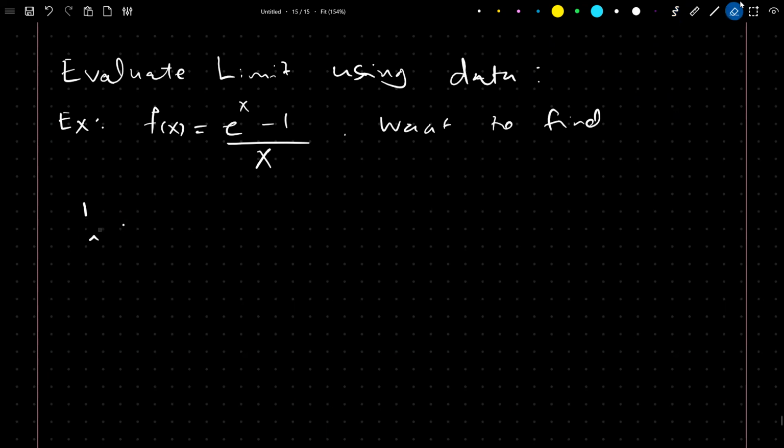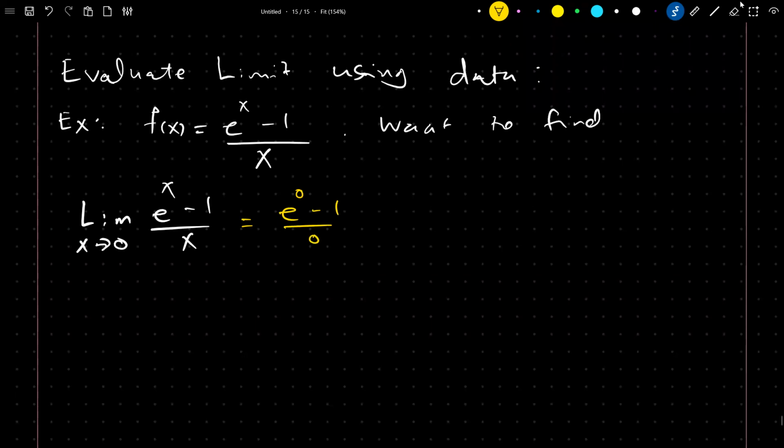So let me try to write it down. I'm going to use the limit as x goes to 0 of (e to the x minus 1) over x. Now, if you try to plug in 0, you're going to get e to the 0 minus 1 over 0. So already we can't have 0 in the denominator, but then we're going to get 1 minus 1 over 0, which is 0 over 0.